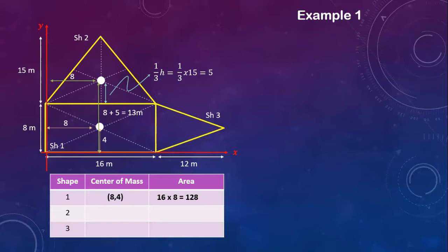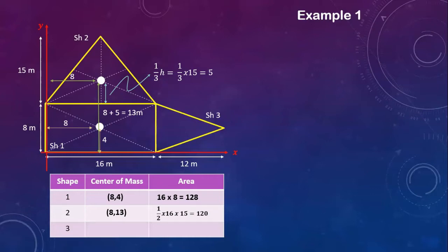Is it clear, everyone? Now fill the table. The center of mass of the second shape is (8, 13). And the area is half times base times height, half of 16 times 15, which gives 120 square meters. Is it clear, everyone?